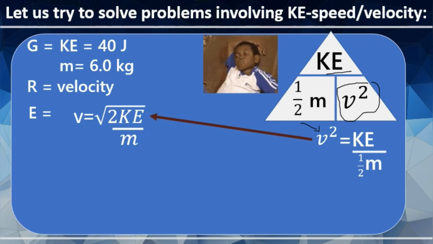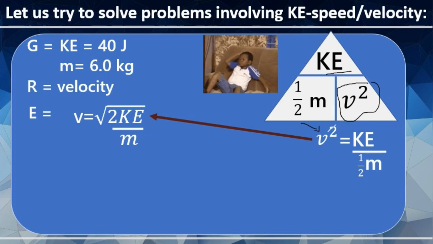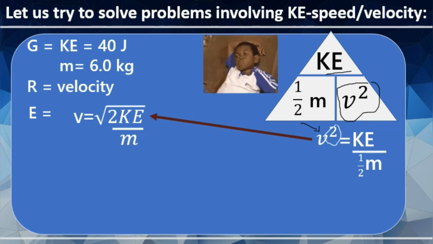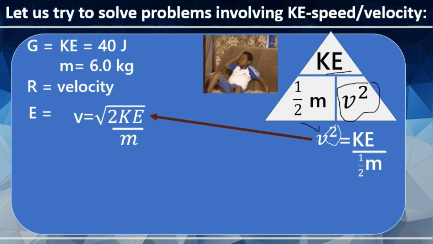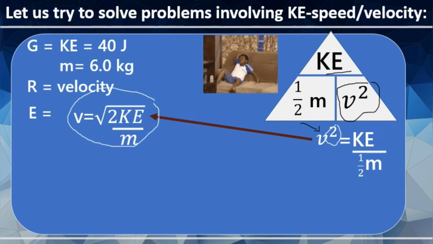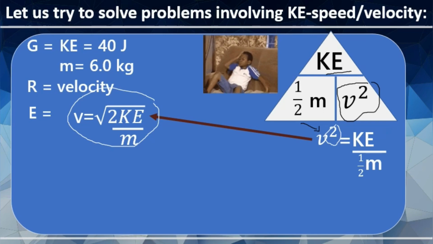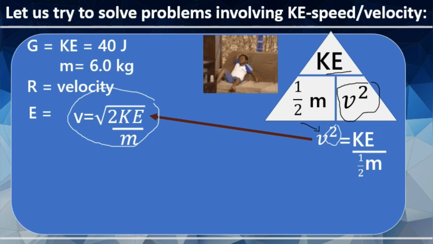Okay, now to remove this 2 exponent of v, we are going to use a square root. Okay, so now here is the final formula for getting the velocity. So v equals square root of 2KE over m.